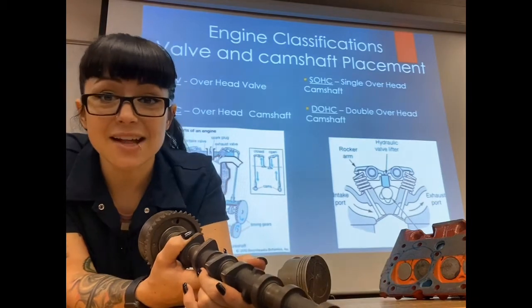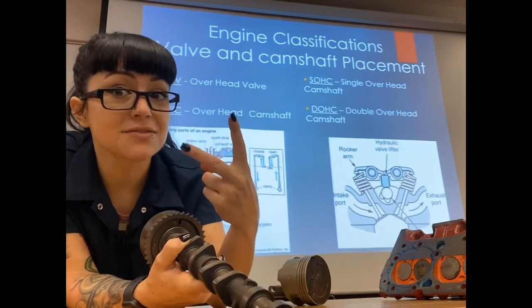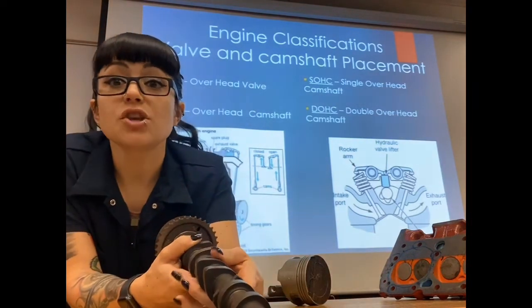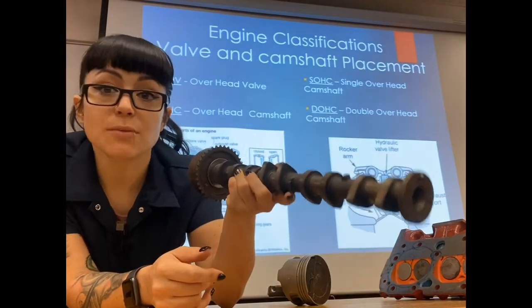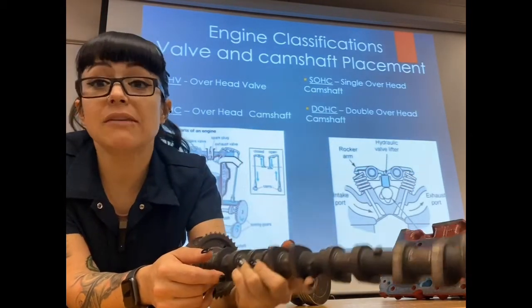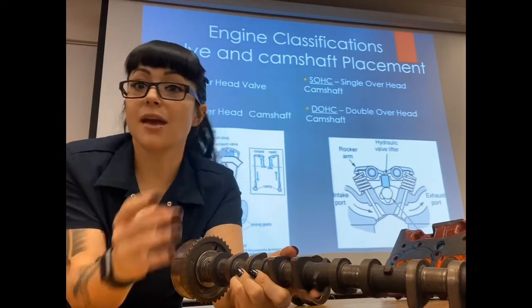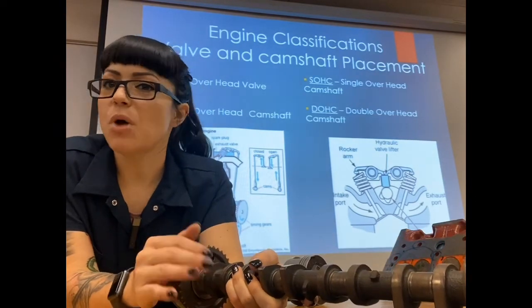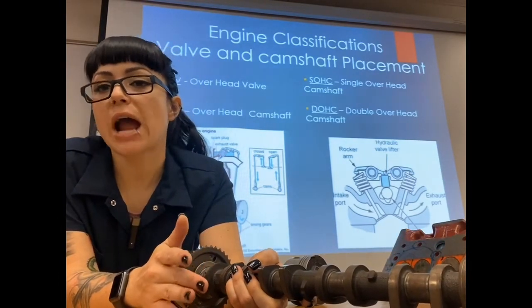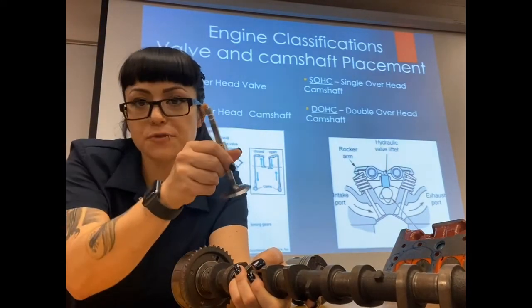On a V-style engine, I'll have two cylinder heads, right? One on each side of my block. So I'm going to have two camshafts in each cylinder head, giving me a total of 4 camshafts. So hopefully that makes sense. But those are how we would classify, say, our valve train components.